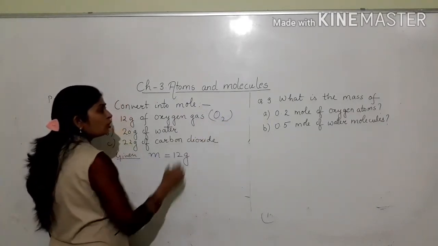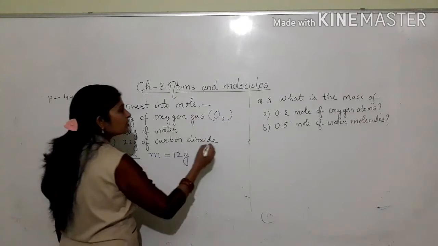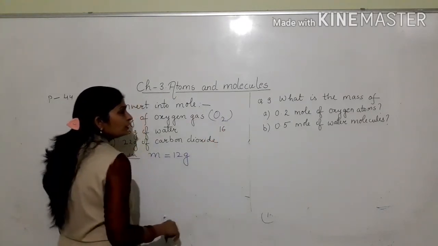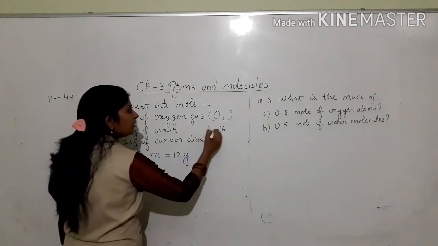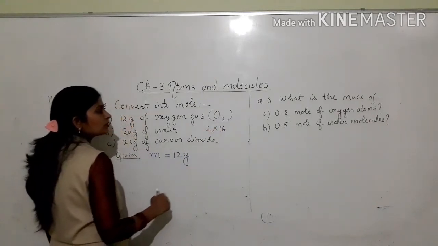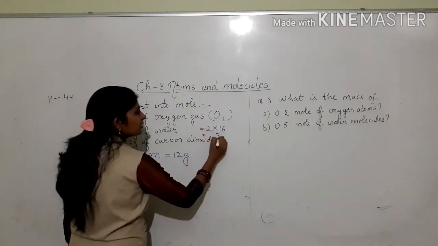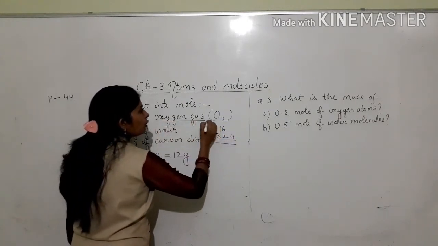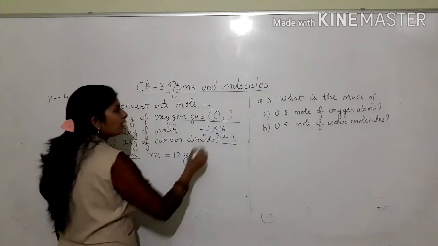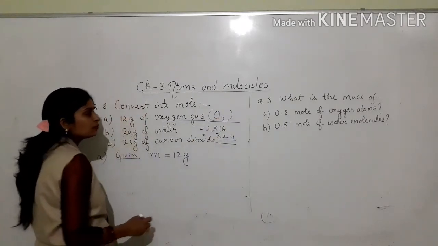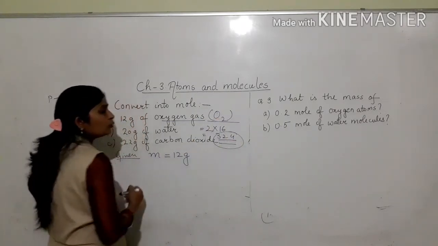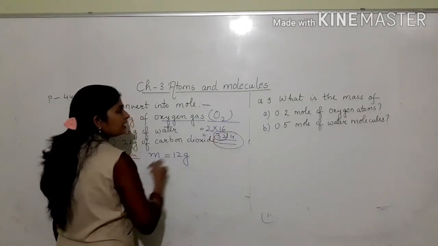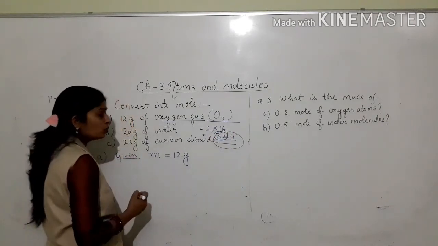O2 has two oxygen atoms. One oxygen atom has mass 16 U, then two oxygen atoms will have mass 2 into 16 U, that is 32 U. So oxygen gas or oxygen molecule, formula O2, has molecular mass 32 U. So it has numerical value 32.